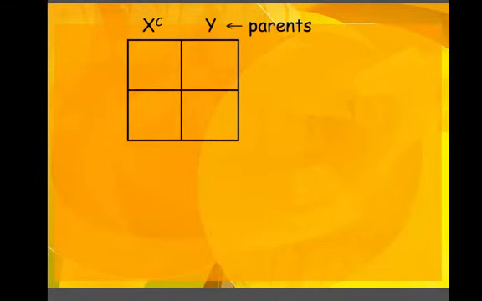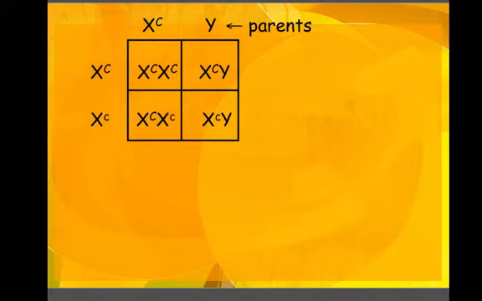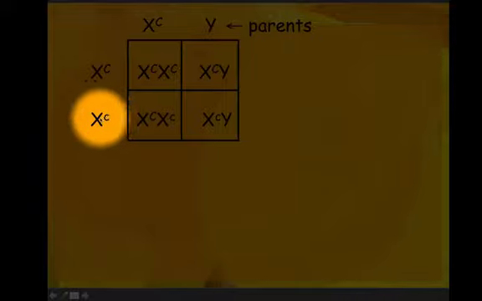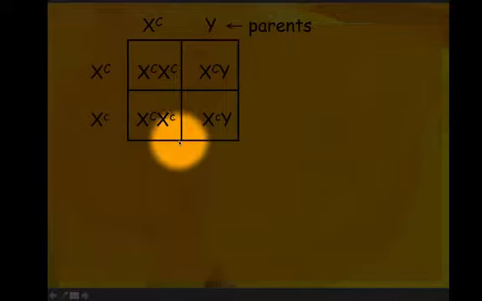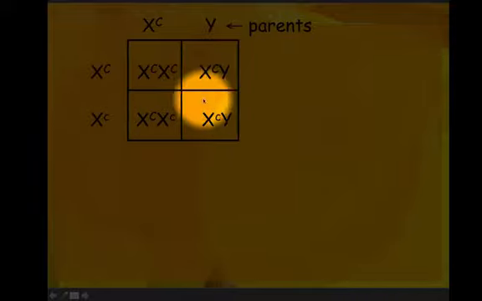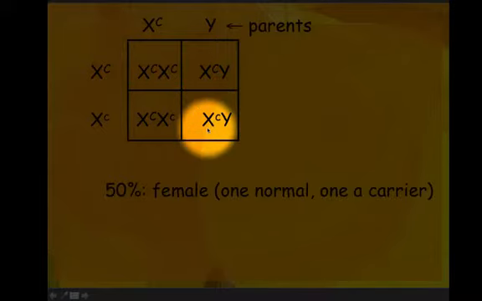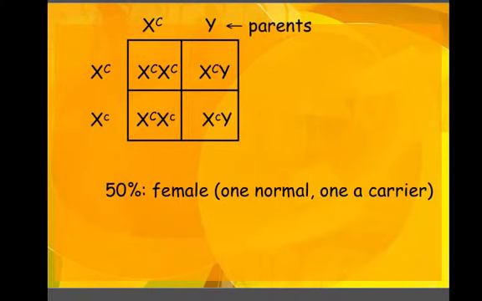So I test my crosses. I have my father on the top and my mother on the side. If we have mom having a little c as her second allele, then she can have a son, which is right here, who is colorblind. So 50% are going to be normal.